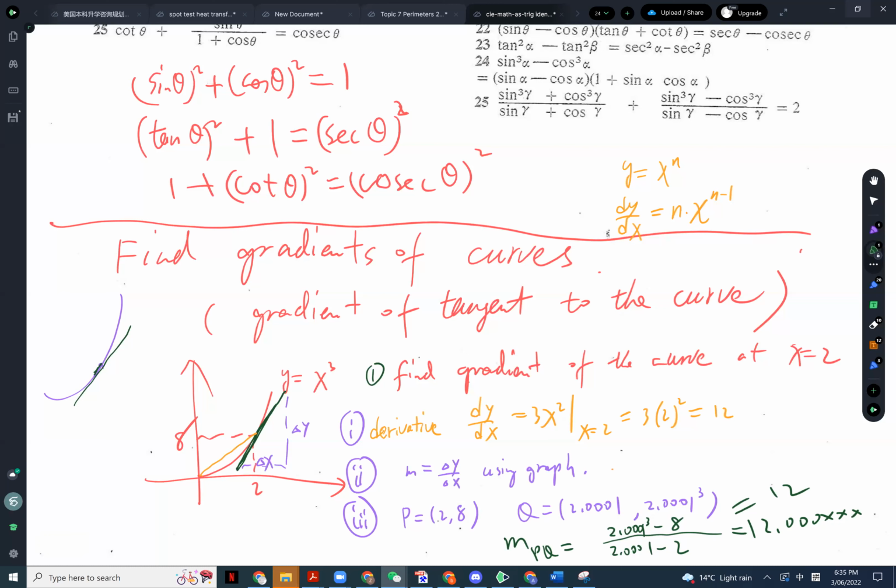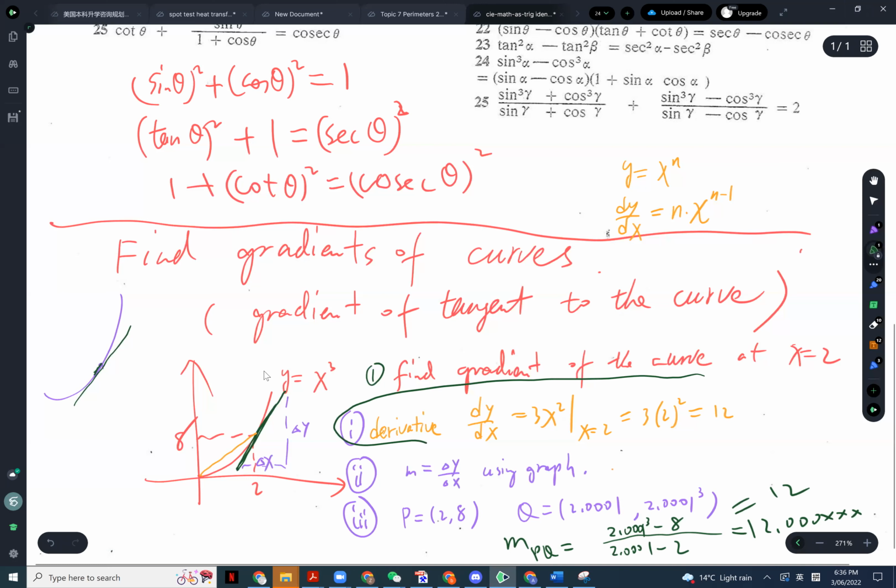Okay. Why do we have this formula? We proved it before.